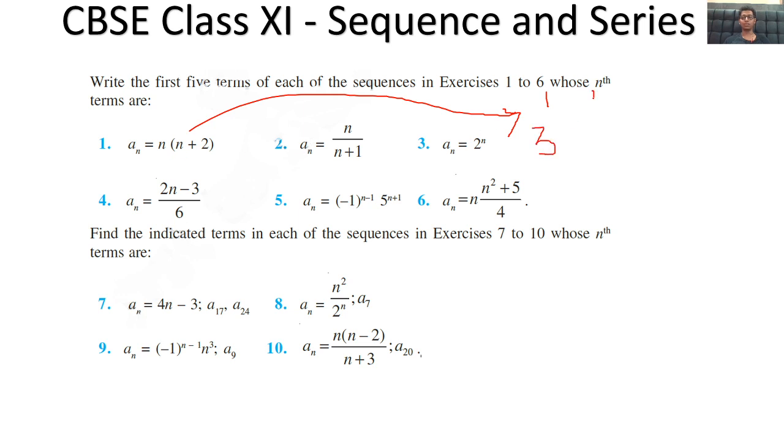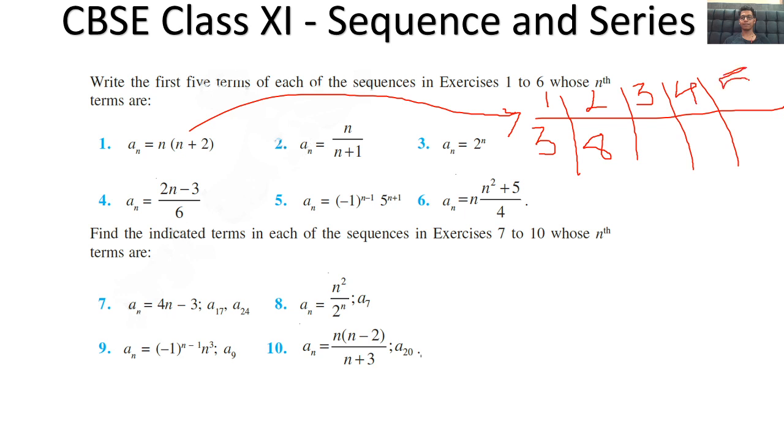When n is equal to 2, we have 2 into 2 plus 2 is 4, 4 into 2 is 8. When n is equal to 3, we have 3 into 3 plus 2 is 5, 5 into 3 is 15.